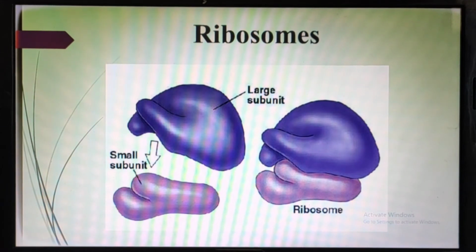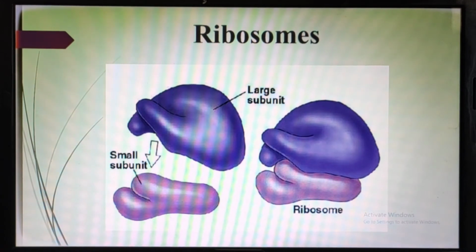And these free ribosomes get together and form a particular chain, called a polyribosome. After the chain is created, protein synthesis will occur. The small subunit and large subunit get connected.